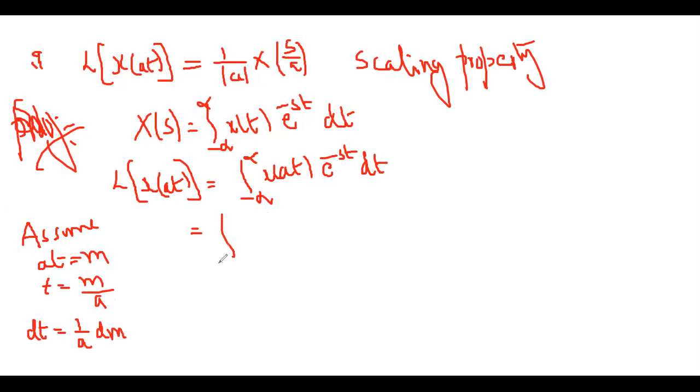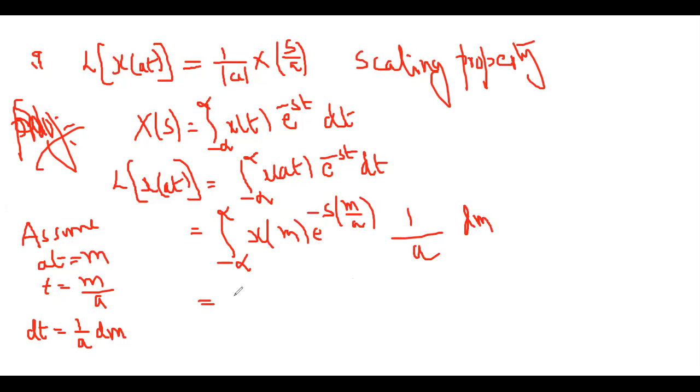Now you can replace: x of at is x of m, e power minus s times t, where t is m by a, and dt is 1 by a into dm. Write the 1 by a outside.